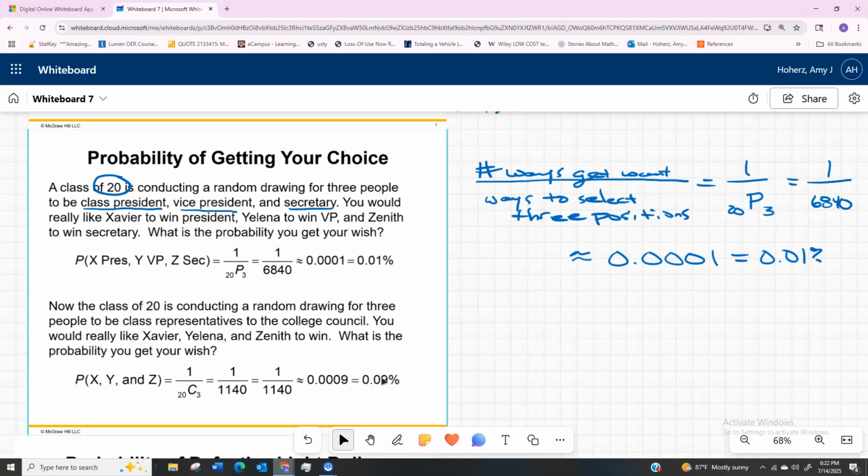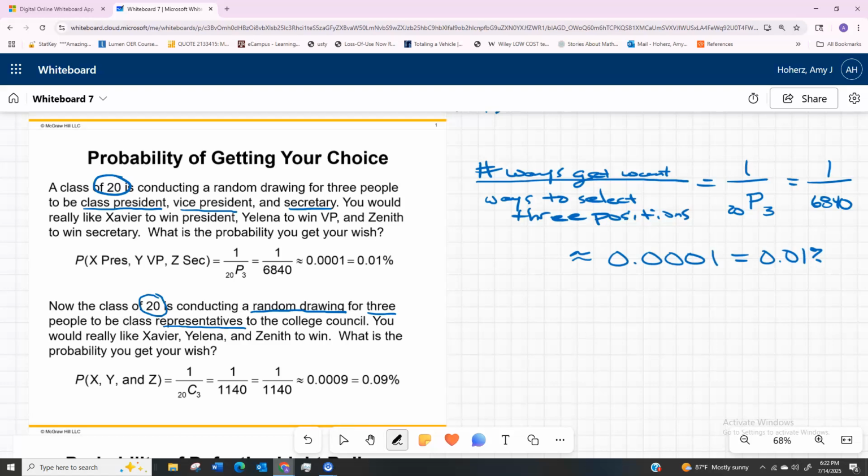Okay, so now let's change the situation as we did in the other section. What if we're still doing a random drawing? So nobody's voting on anybody. We're just randomly picking them. We still have 20 students in the class, and we're still going to have 3 people, but they're just going to be class representatives. So everybody has the same spot. You either get picked or you don't get picked. It doesn't matter what order you get picked in.